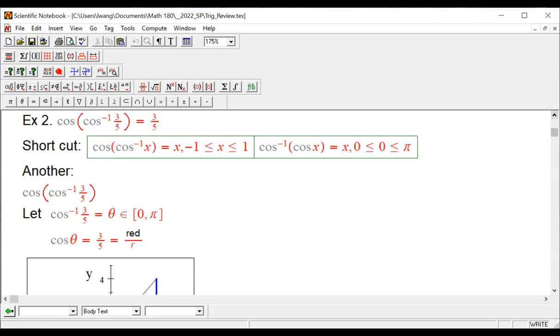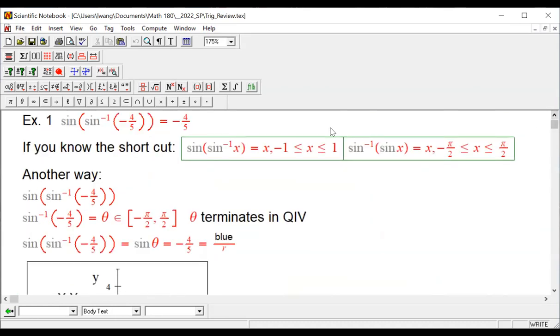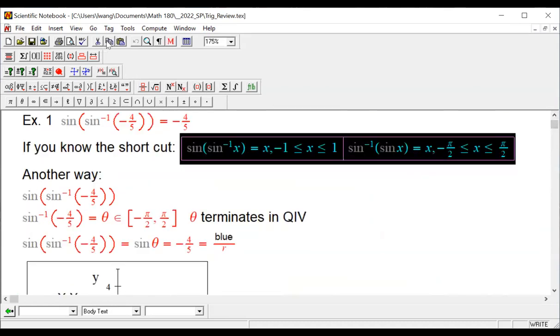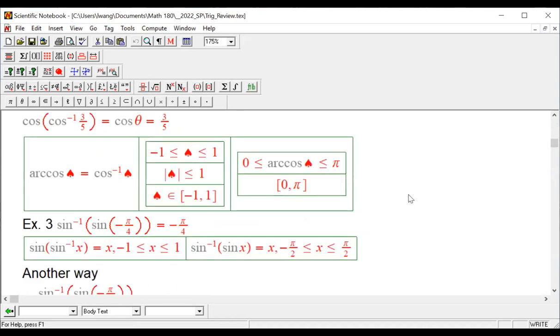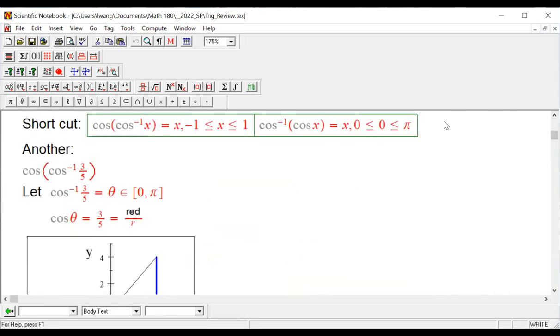let me put all the shortcuts together. There's a shortcut for cosine, arc cosine.